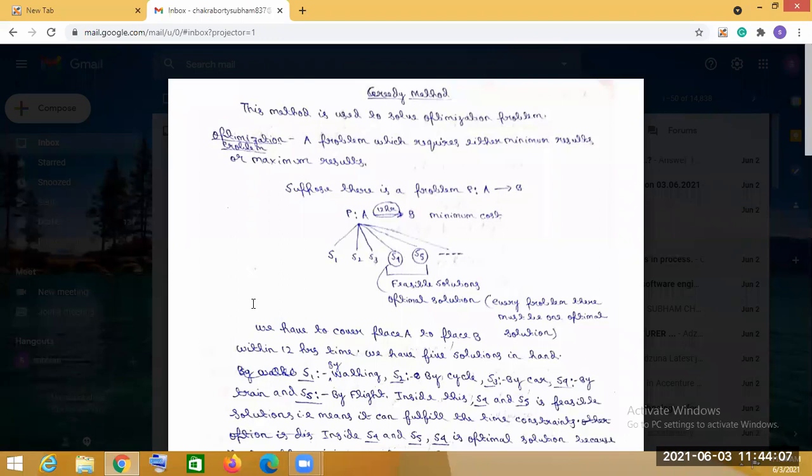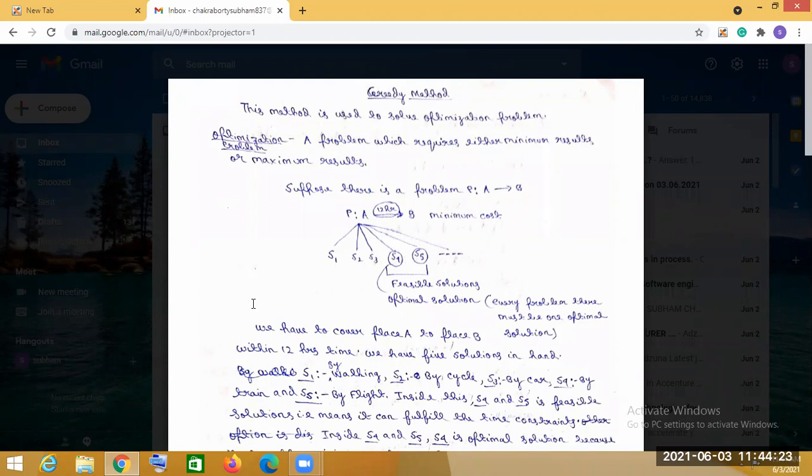So what is the feasible solution? The feasible solutions are these 2 solutions we get. But what will be the optimal solution? The optimal solution will be based on the minimum cost, so by train is the optimal solution.